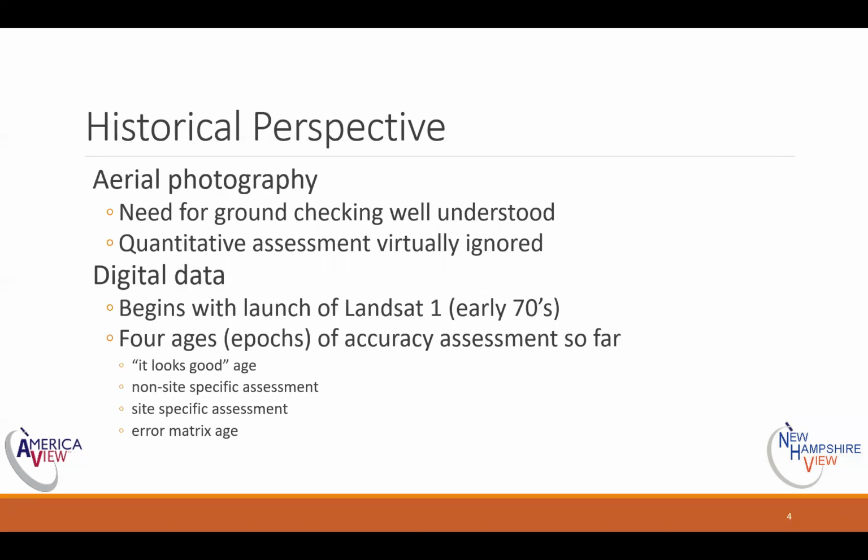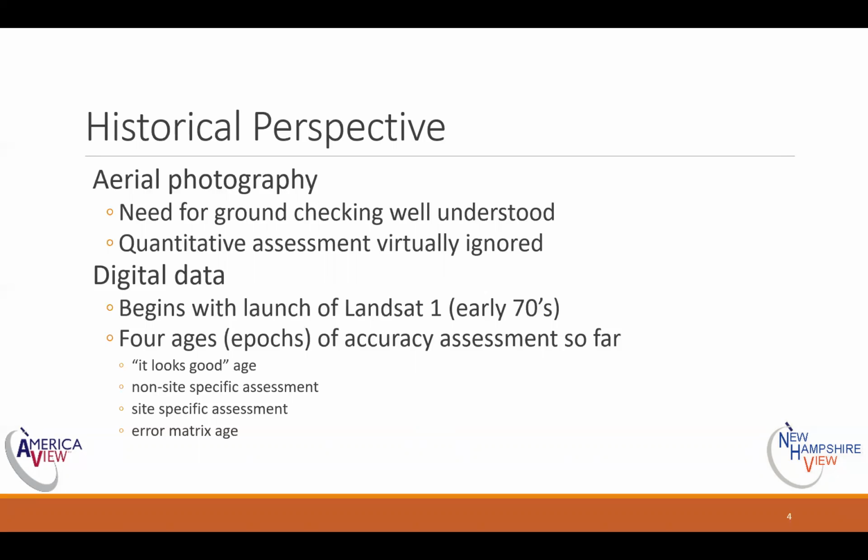And then we moved on from there to some non-site specific assessments. What we're talking about here is not looking at a locational component, but doing averages over a certain area, but not specific. And that didn't last very long. People said, well, we really need to know how we're doing in this location and how I'm doing in that location.